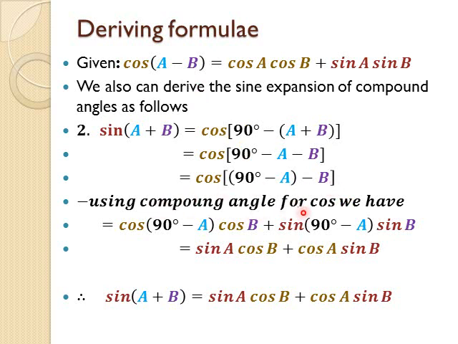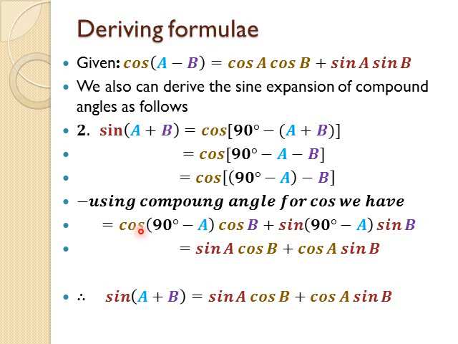Right, so using the compound angle for cos, we would have cos(90 - A) cos B. Remember, minus becomes plus. That gives me sin(90 - A) and sin B. Cos(90 - A) falls in the first quadrant, but the 90 changes cos to sine.